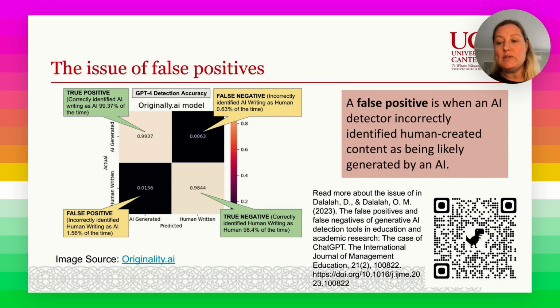Even though tools like Turnitin and other detectors claim to have a very low threshold for flagging content incorrectly, there is still considerable debate about their accuracy and reliability in detecting AI work. For those interested in exploring this issue further, you can have a look at the QR code that links to a specific research project article that looked at this issue.